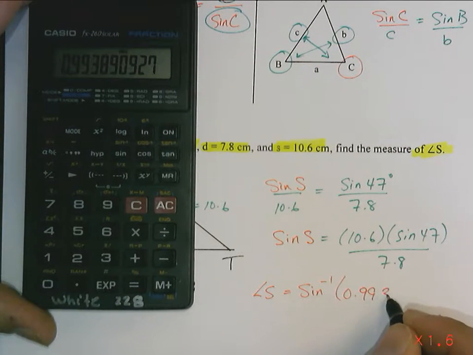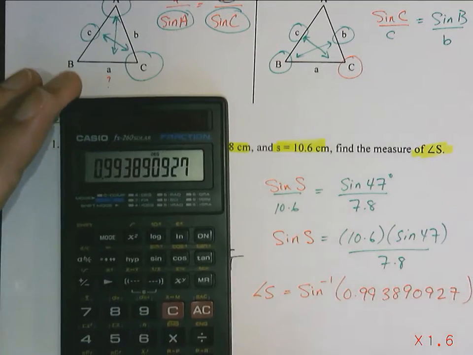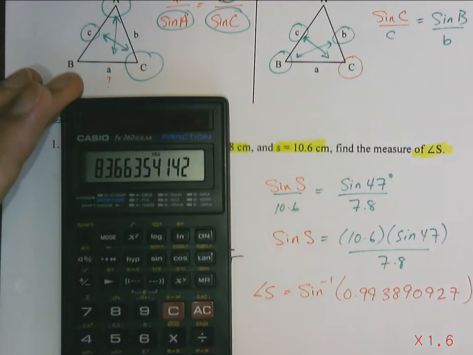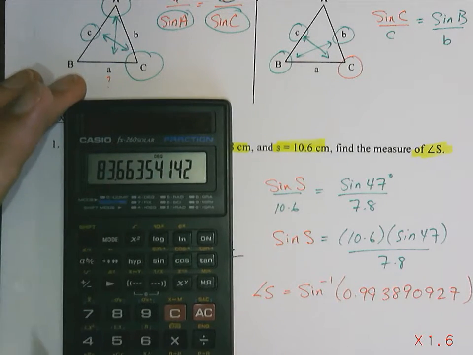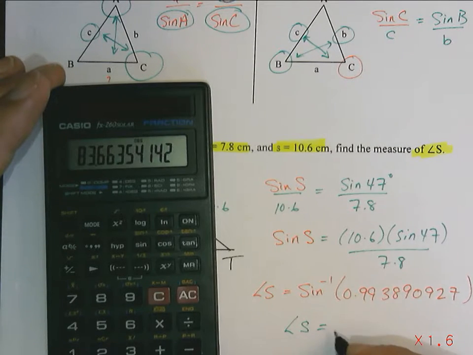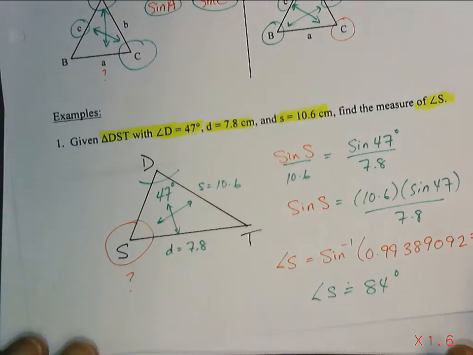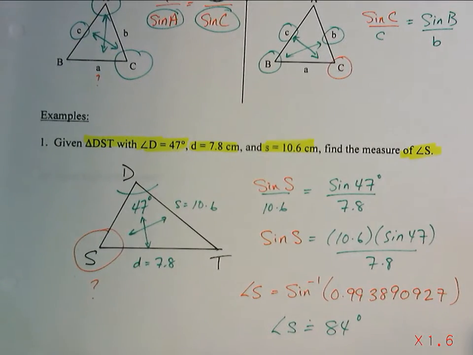Now, I'm not suggesting that you write it down. I'm writing it down so you see what I'm doing, but I'm going to hit second function sine, and I get the answer of about 84 degrees. So angle S is equal to approximately 84 degrees. And that is how you use the sine law for example 1. I'm going to stop now, and then I'm going to do another video for example 2.